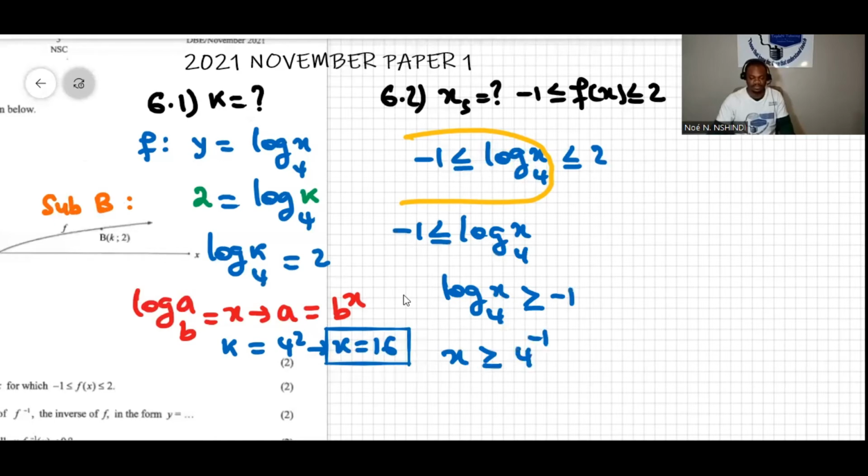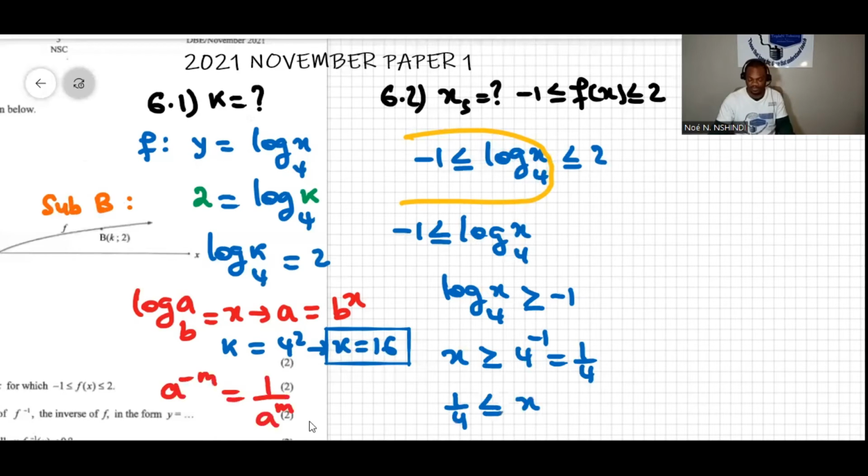And 4 to the -1 is just a quarter according to the law of exponents: a to the -m is 1 over a to the m. So this simply means that a quarter is less than or equal to x.